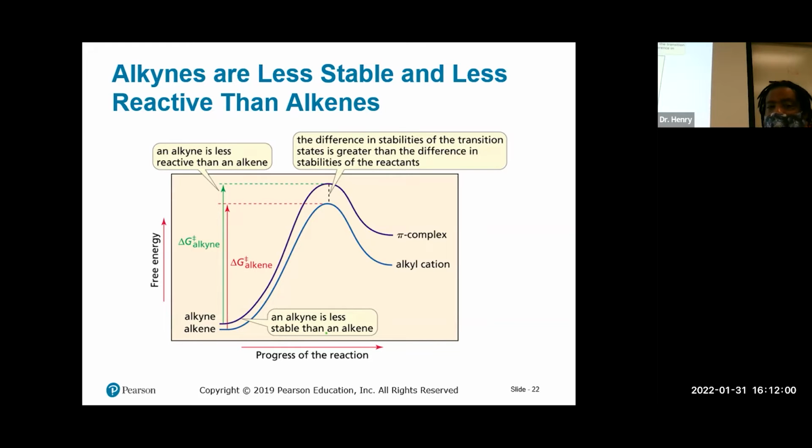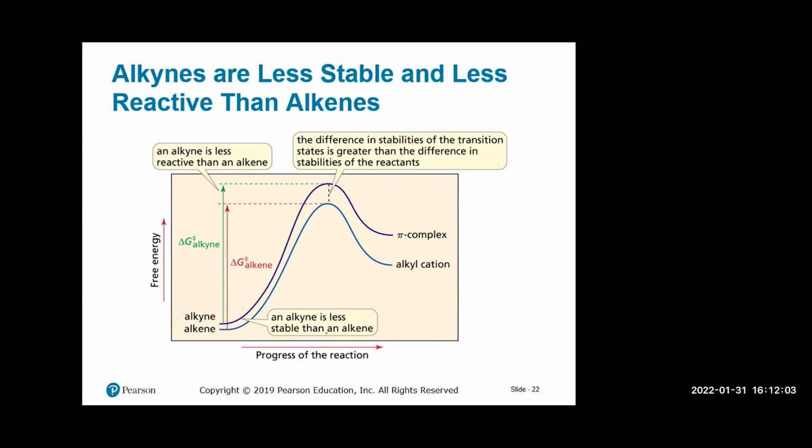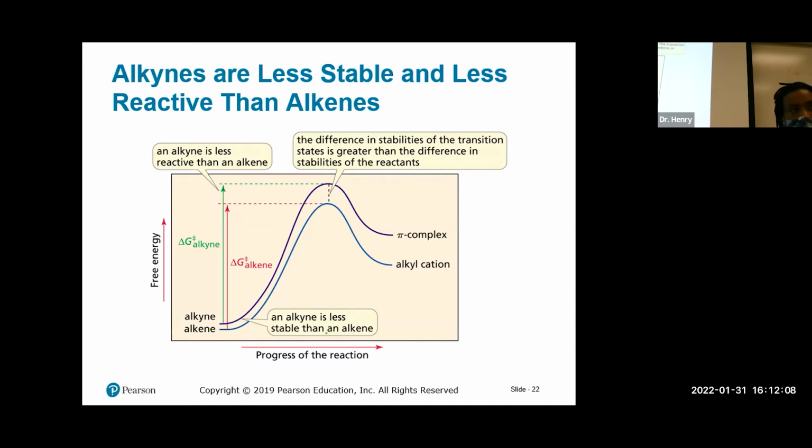Okay. Any guesses? What was the question again? I said the pi complex is going to be more stable than which cation? No, we're not reading the graph. This is just based upon what we just talked about. Stability, who is more stable?